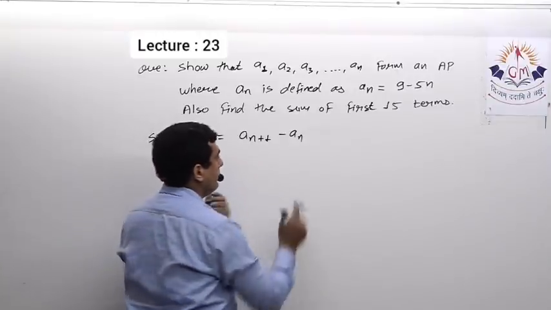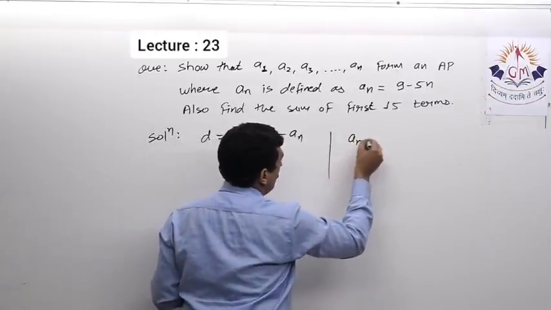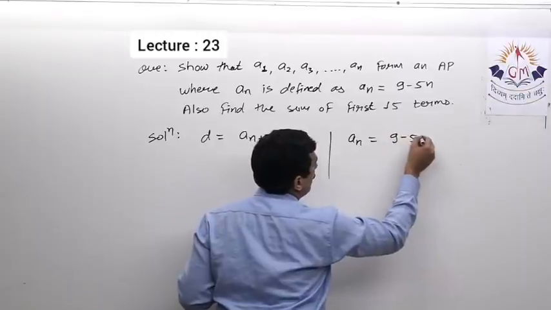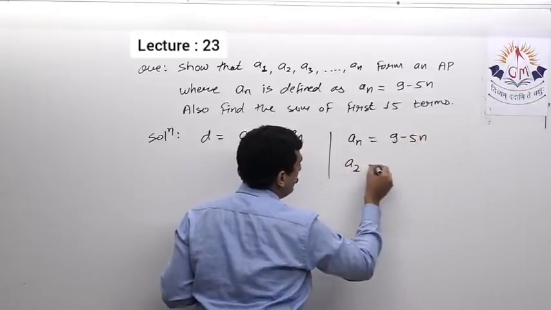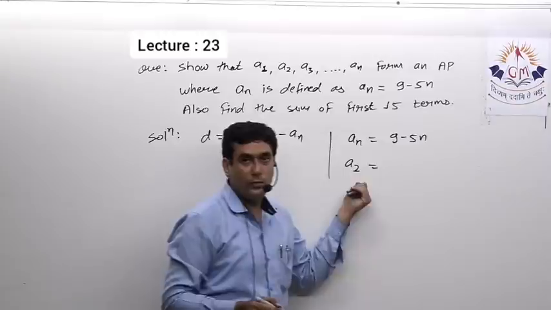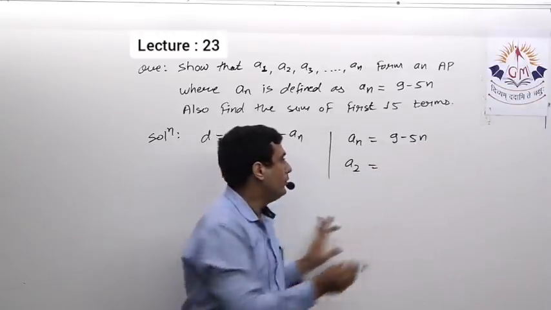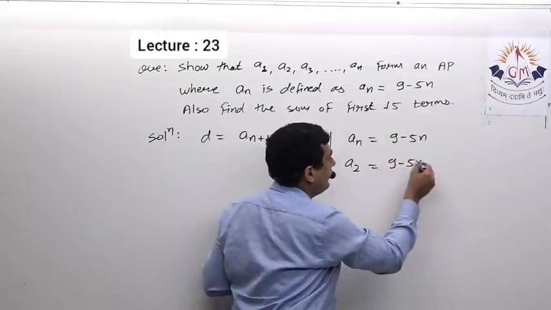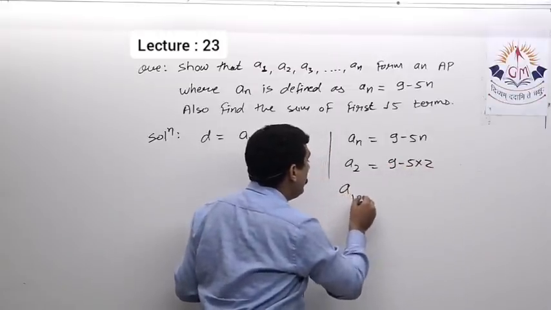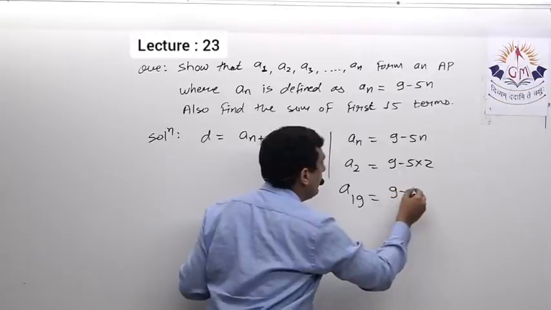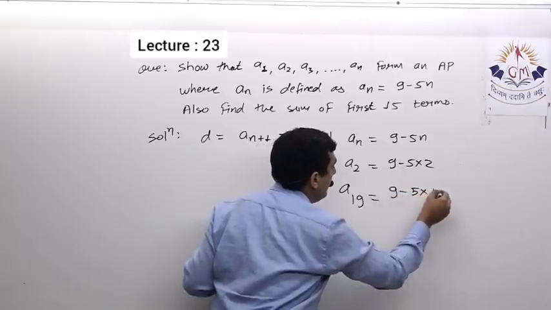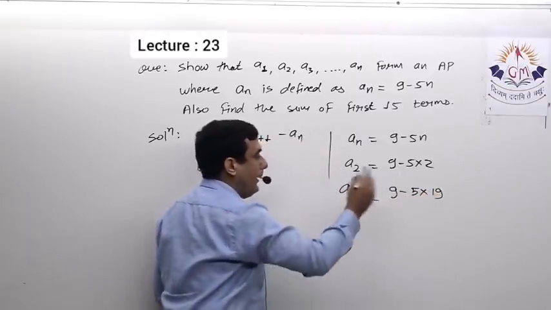How to find that? Listen, if an equal to 9 minus 5n, then how to find a2? We simply replace n by 2. Suppose I have to find a19, I will replace n by 19, isn't it? I will remove n and put 19 over there.